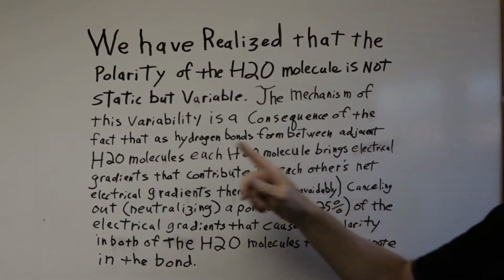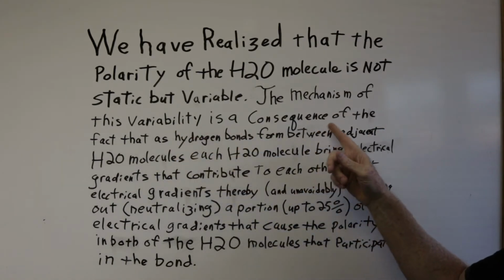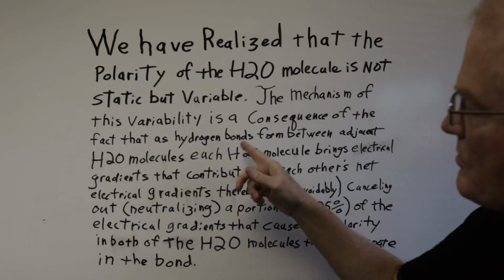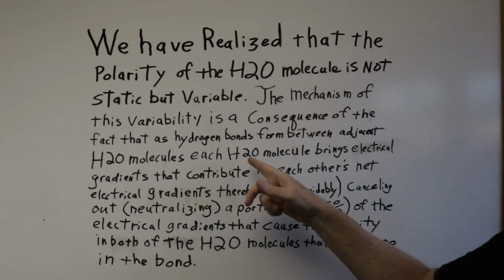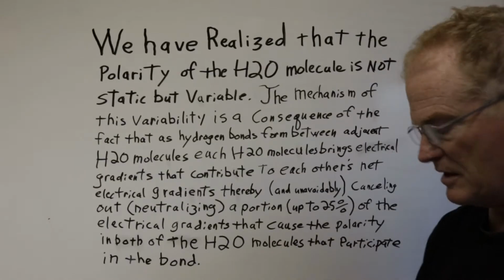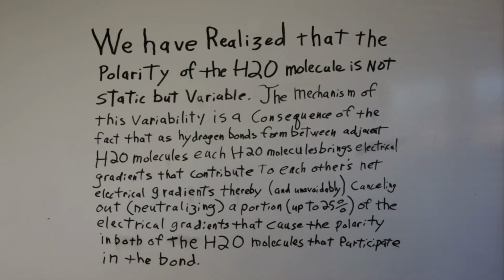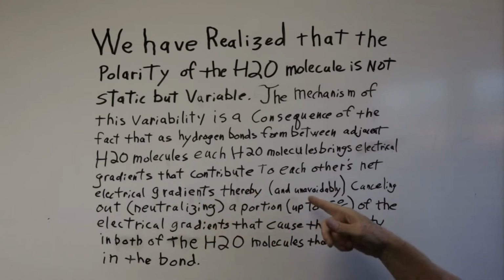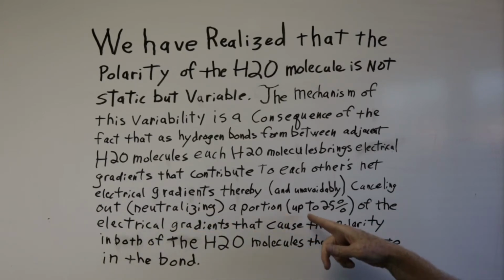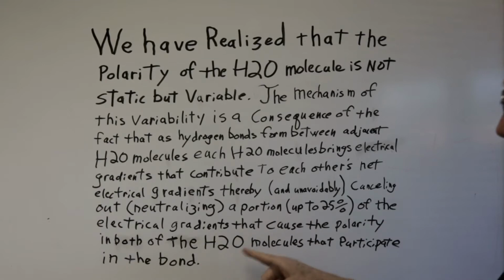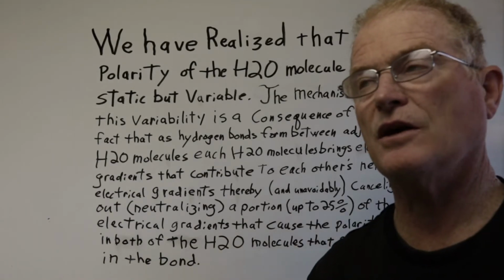The mechanism of this variability is a consequence of the fact that as hydrogen bonds form between adjacent H2O molecules, each of the H2O molecules brings electrical gradients that contribute to each other's net electrical gradients, thereby and unavoidably canceling out, neutralizing a portion up to 25% of the electrical gradients that cause the polarity in both of the H2O molecules that participate in the bond.